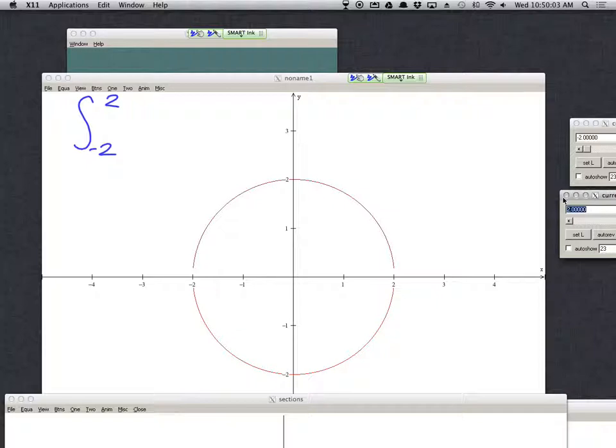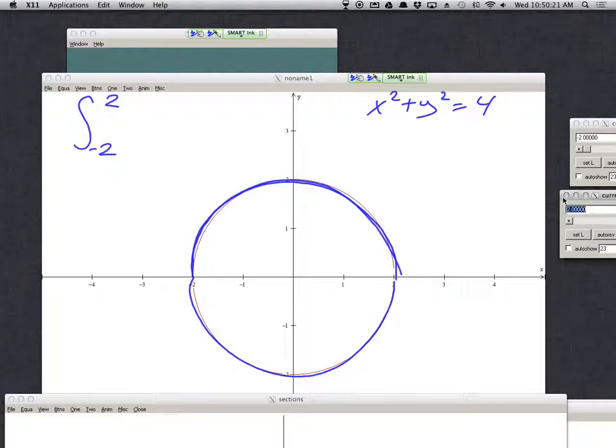Okay, and then I need to change this to where there is a top and where there is a bottom. Now this formula is x squared plus y squared equals 4. So what can I do to that to give me an equation for the top and an equation for the bottom? When we have equations, they're usually y equals.